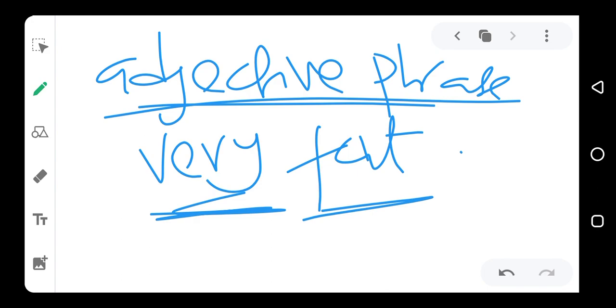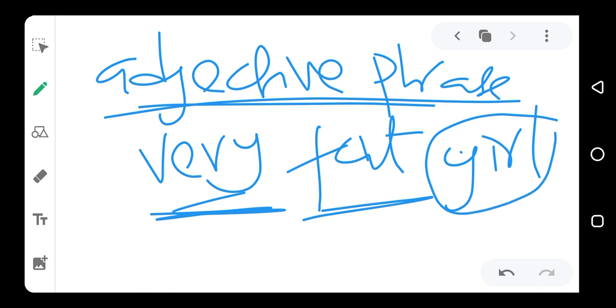That will make it a noun phrase, because once we introduce a noun to it, the noun will become the main word in a group of words. Like if we say very fat girl, the girl here will become the main word in this cluster.